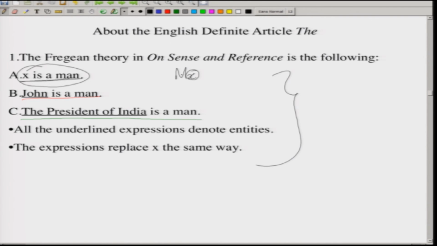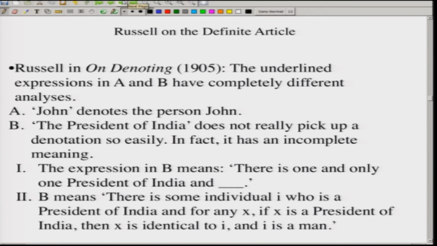But this was challenged by Russell, and this paper On Denoting, which was published in 1905, actually changed the very understanding of logic. It changed also the way people understood the English language, especially the definite description part, definite description in the sense the so and so.